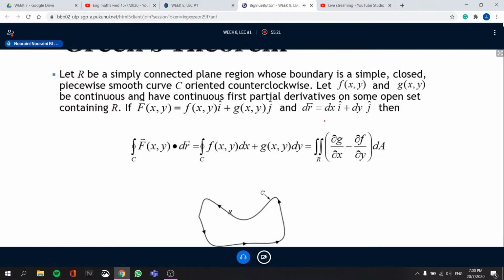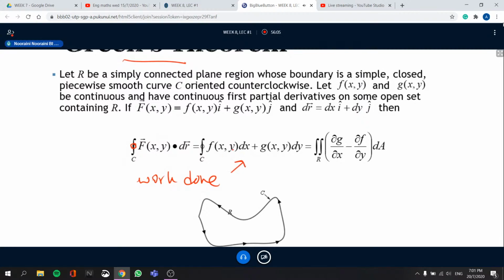If you notice from what we already covered in line integral, F dot dr we already covered in the previous line integrals. But notice we have this circle here. This circle means your curve is a closed curve, not open. Green's theorem says this dot product of F and dr is also equivalent to work done, as in the example in your slides.